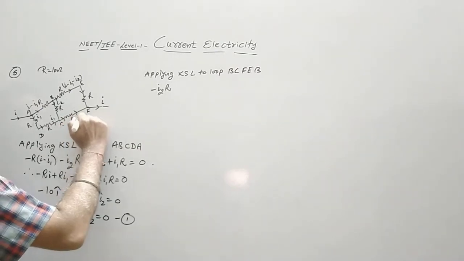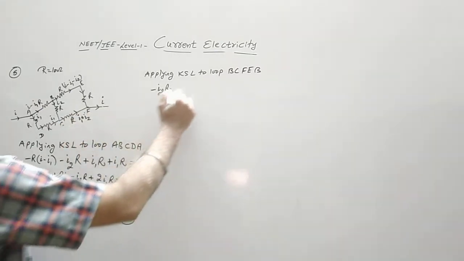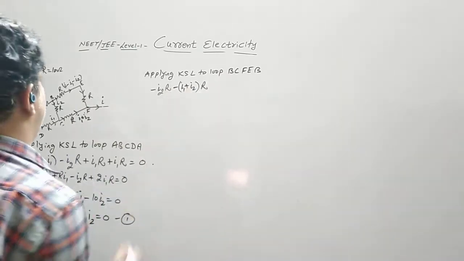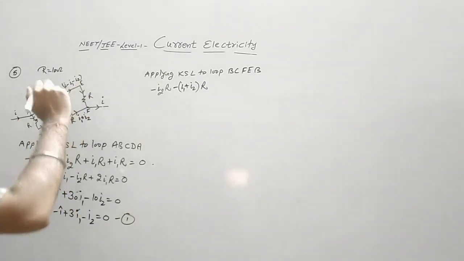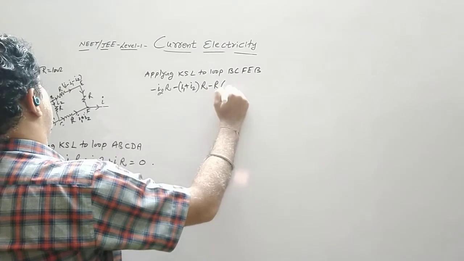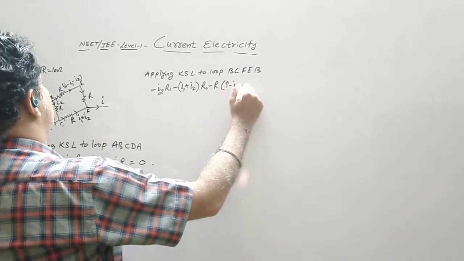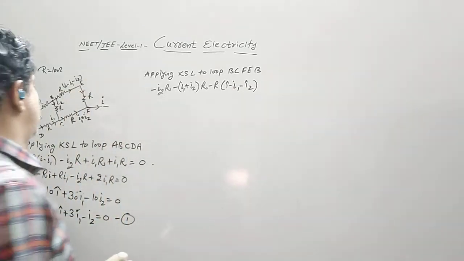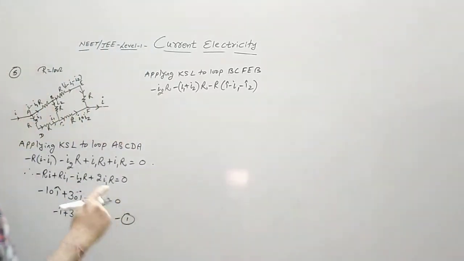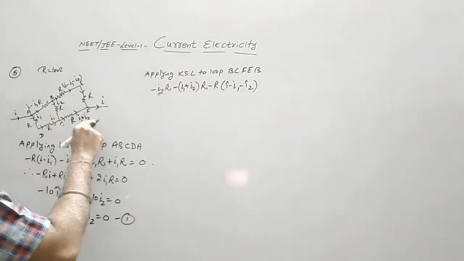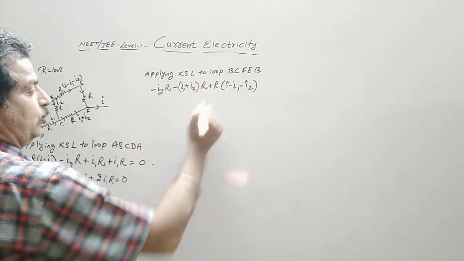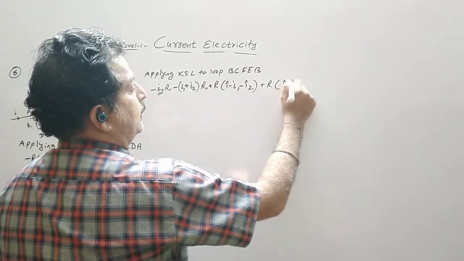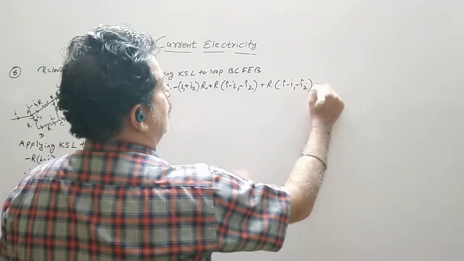Then again in the direction of current, minus (I1 plus I2) into R. Then the current is coming from the opposite side, so plus R times (I minus I1 minus I2), and again for the other resistance the current is from the opposite side, so plus R times (I minus I1 minus I2) is equal to 0.